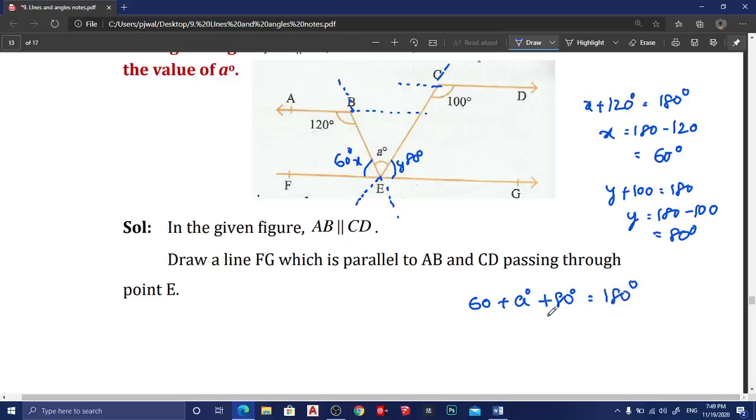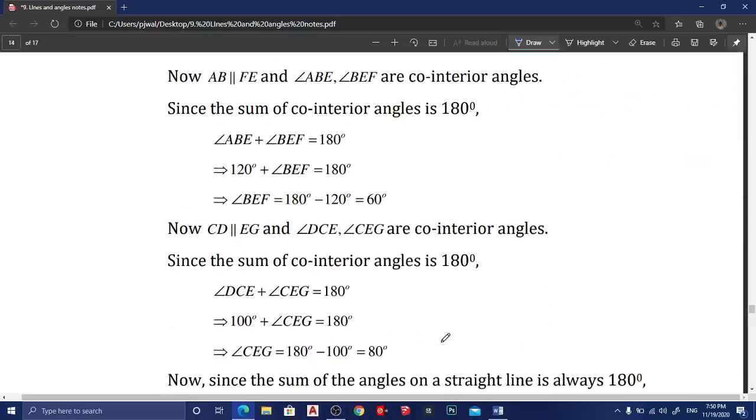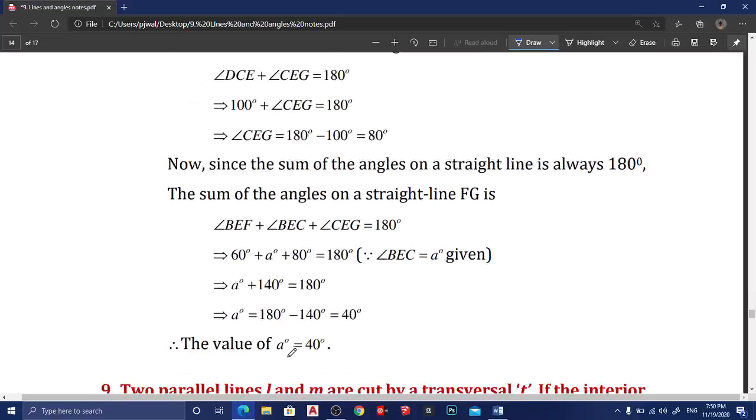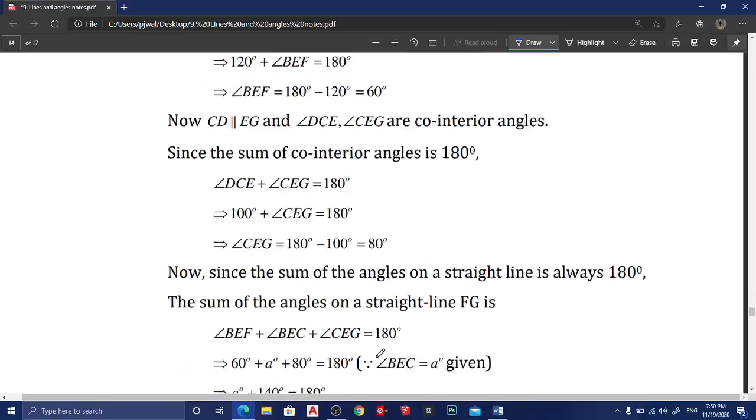Now 60 plus 80 is how much? 140, is equal to 180. So now A is equal to 180 minus 140, which is equal to 40 degrees. So this is the answer. Now you can write this problem as steps like this. So angle A is equal to 40 degrees.